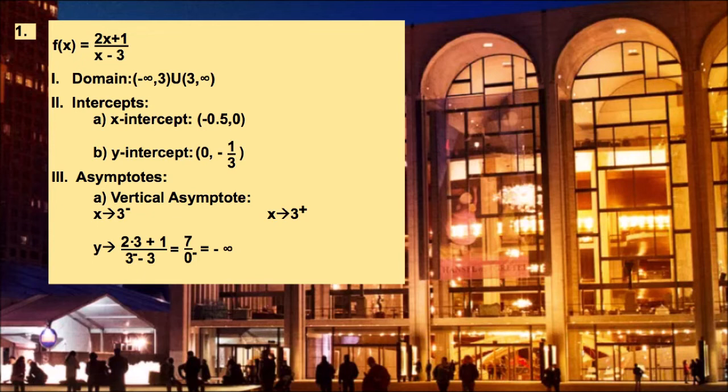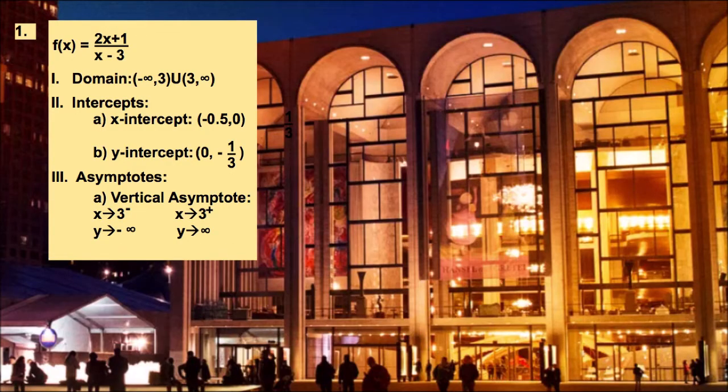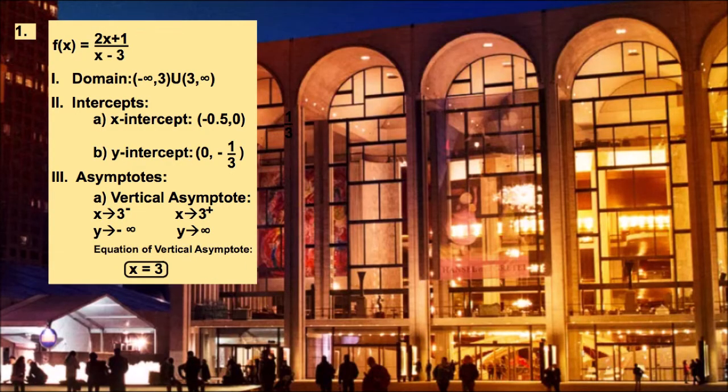When x approaches 3 from the right, y approaches 2 times 3 plus 1, everything over 3 from the right minus 3, which equals 7 over 0 from the right, which equals positive infinity. The equation of the vertical asymptote is thus x equals 3.